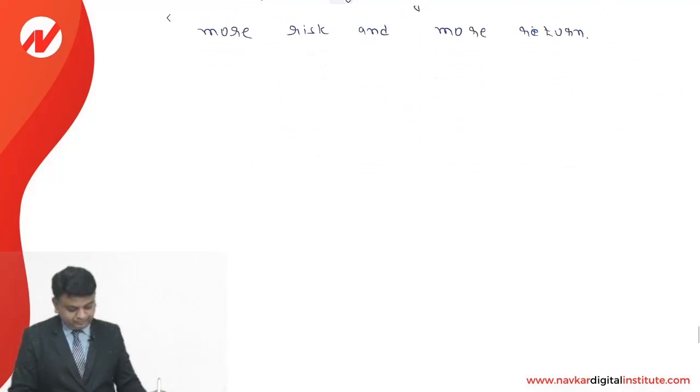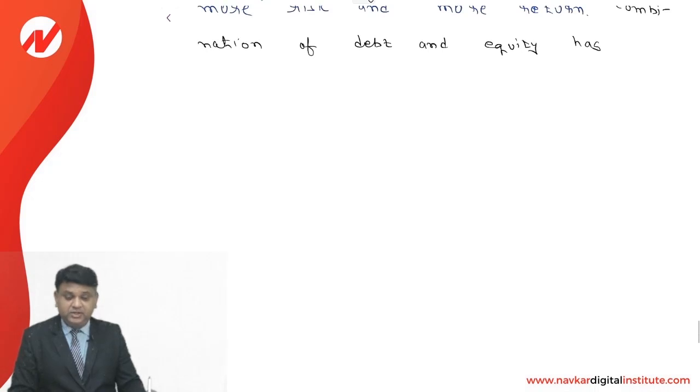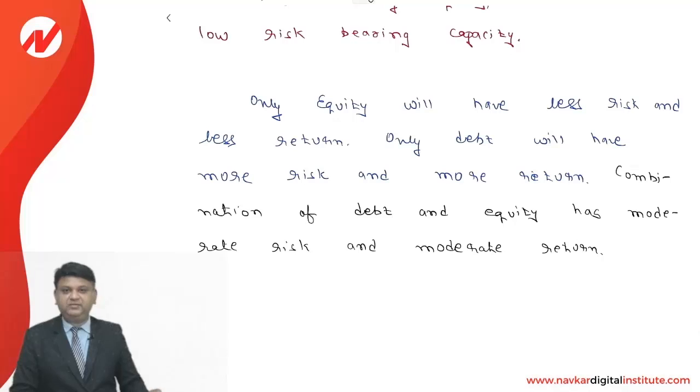Full stop. Combination of debt and equity has moderate risk and moderate return. Full stop. This is the way we can draw the conclusion.